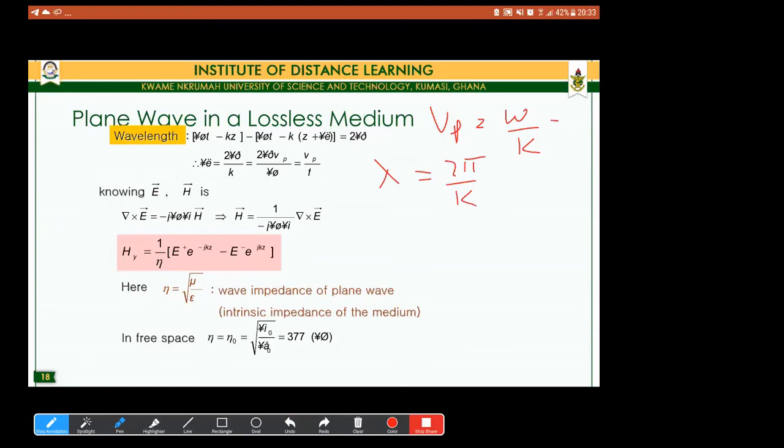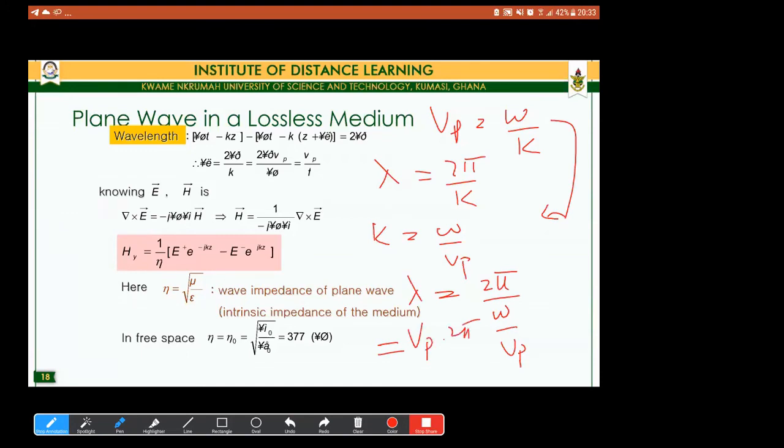From this, k is equal to omega divided by Vp. Putting k in place, lambda must be equal to 2 pi divided by omega over Vp.